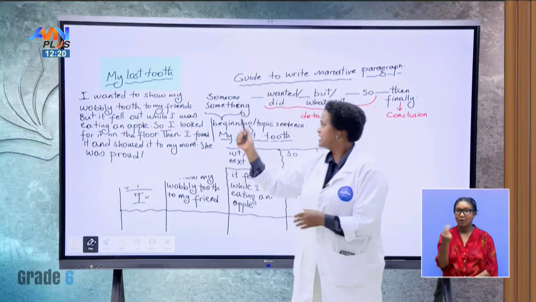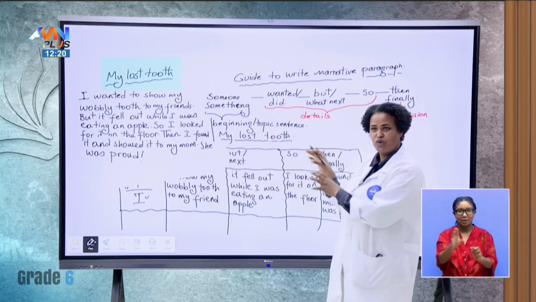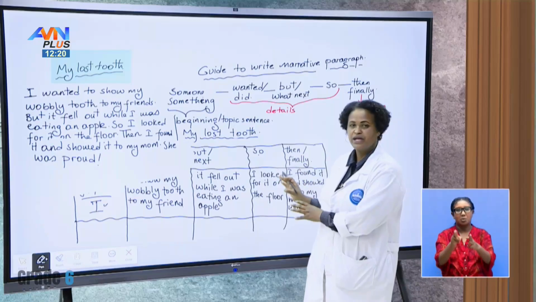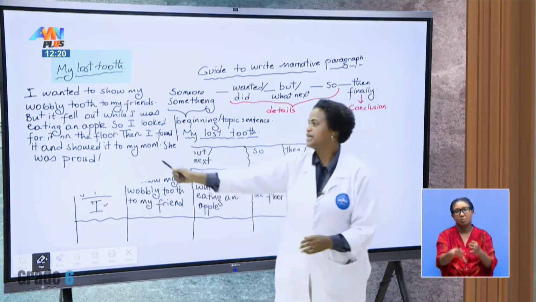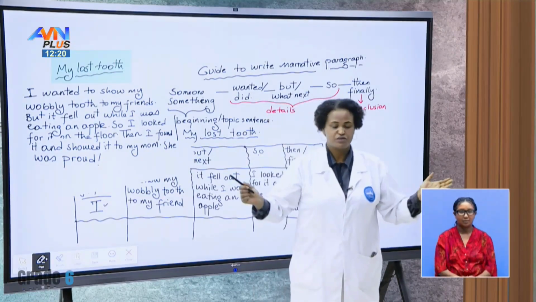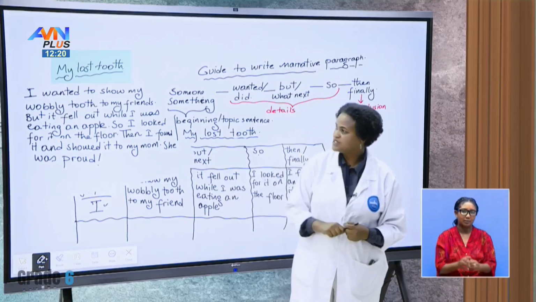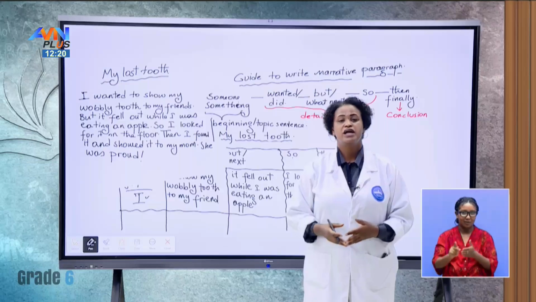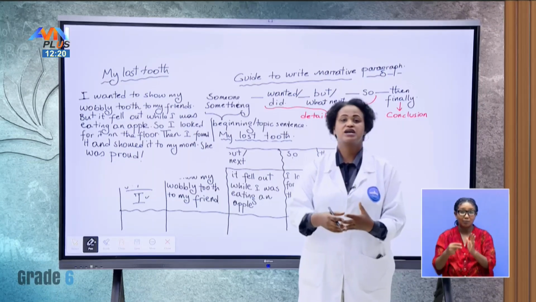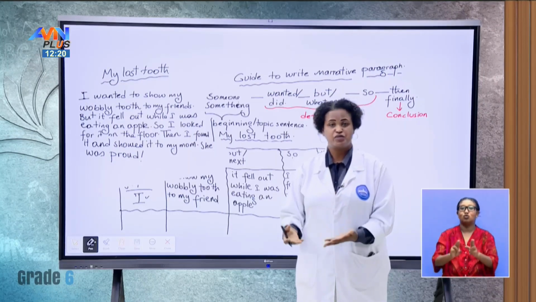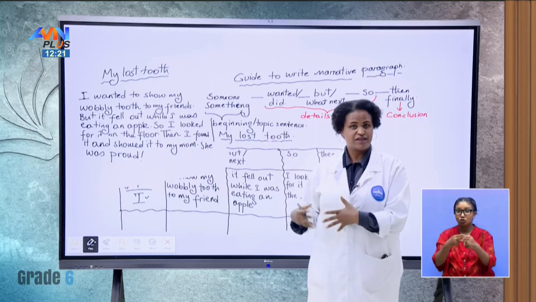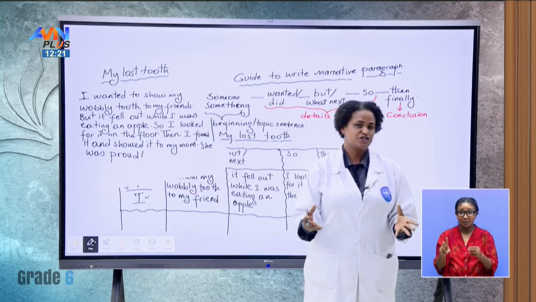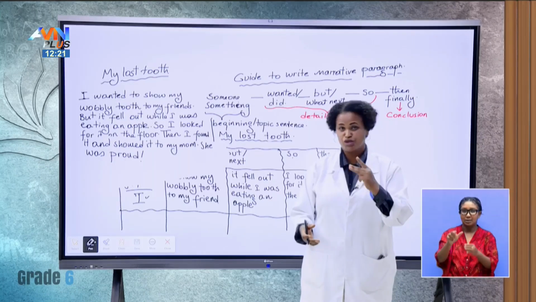You can use this structure and put your plot or your story in this table form, and finally you can gather it in a paragraph way, simply in a short way here. This one is a very easy way of writing a narrative paragraph. Remember, a narrative paragraph means a paragraph that tells a story, life experience, or short events that happened in the past. Okay? In this narrative paragraph, just like the other paragraphs, there are 3 components that we don't need to miss.